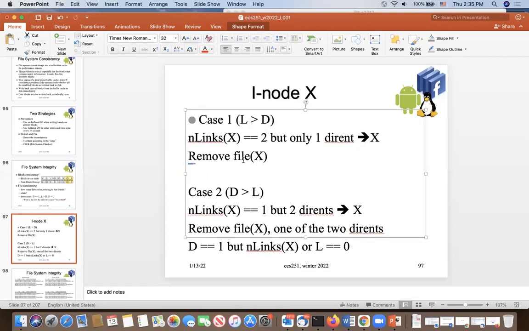When you remove the file, the n-links is going to go from 2 to 1. So now n-links of X is going to be equal to 1. When it's equal to 1, the file system will not remove this file permanently.